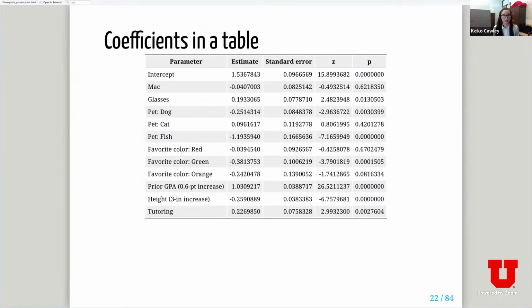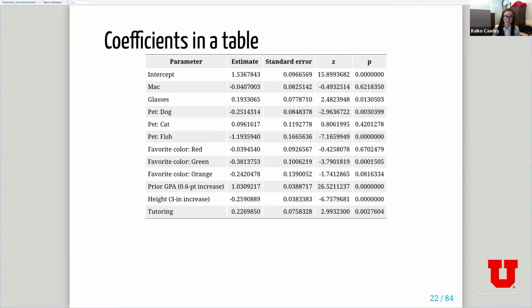All right, so I think we see this a lot in papers. Someone will create a model, they'll deem it's a good model, and then they'll take the parameter estimates that are spit out to them and plop it into a nice table like this. I think there's definitely a time and place for this, right? If your audience member knows exactly what a logistic regression is, this is completely fine.